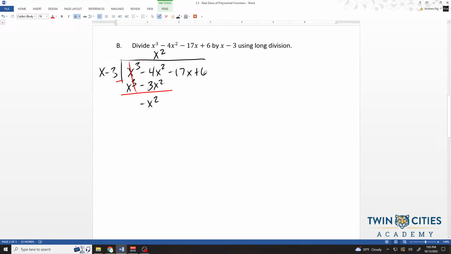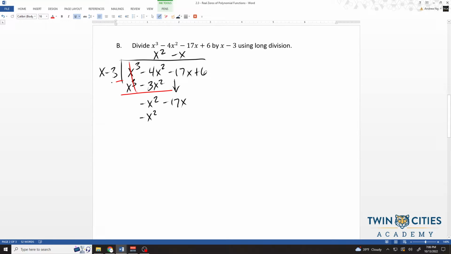I've got 2 terms out here and I've only got 1 term here, so I'm going to bring down the next term, negative 17x, and repeat those 4 steps. Step 1, first term on the inside divided by first term on the outside. Negative x squared divided by x gives me negative x. Step 2, take whatever I just got, multiply to all the terms on the outside. Negative x times x is negative x squared.